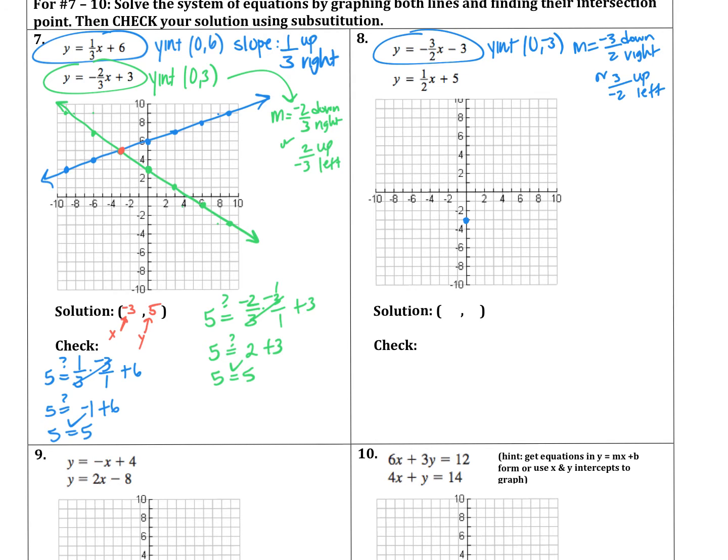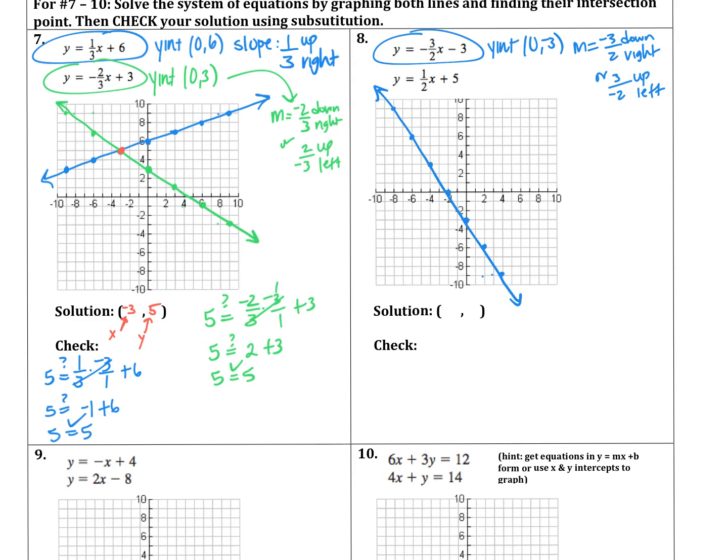I'm going to go down 3, right 2, down 3, right 2, or I can go up 3, left 2, and keep going until I extend throughout the length of my graph.